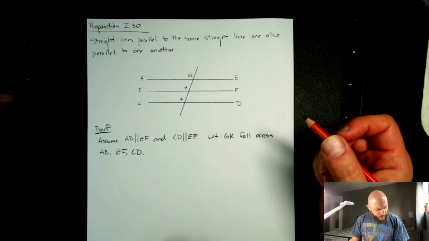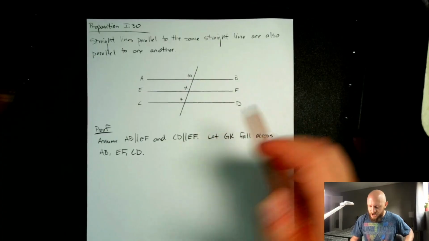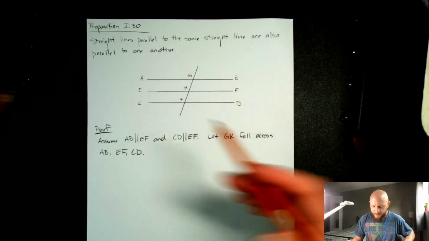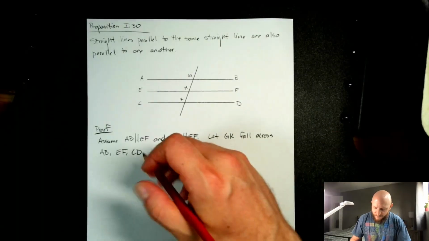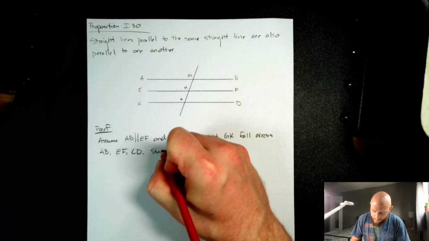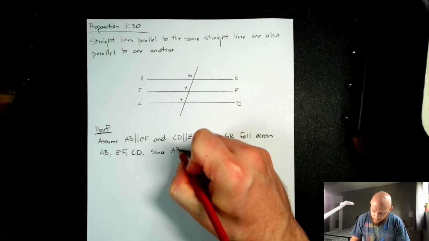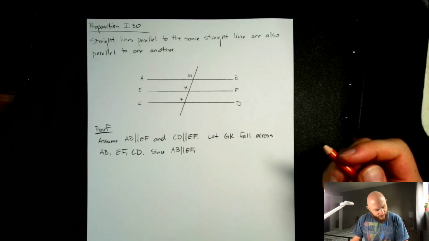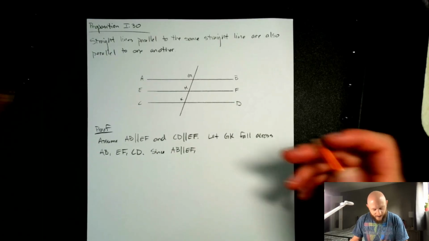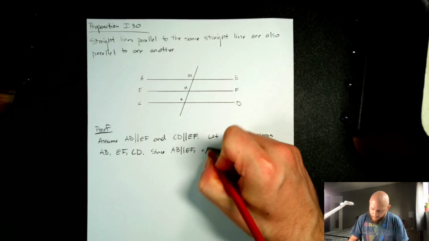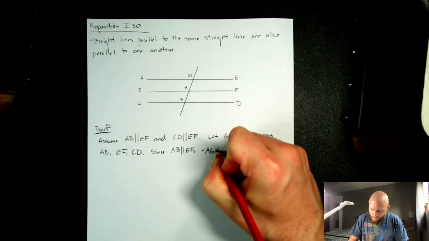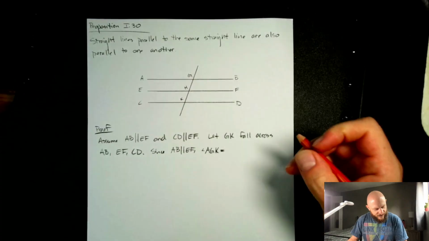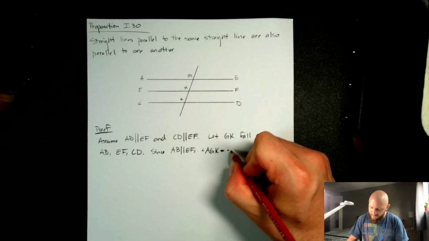We've got a couple of propositions that give us some information based off of these two assumptions. Since AB is parallel to EF, we have, in particular, that angle AGK is equal to angle GHF.